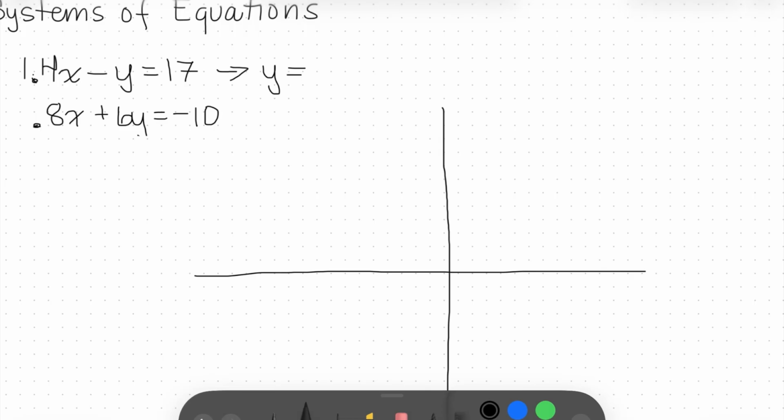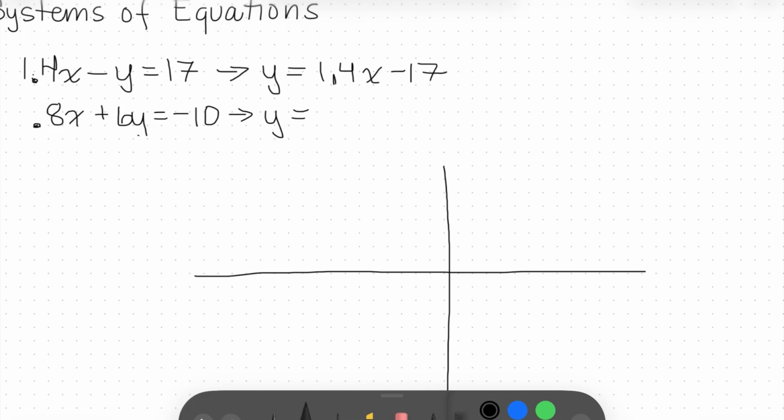So I would have y equals 1.4x minus 17. We've seen that before, right? And then this other one would be y equals, all right, so I'll be doing a couple of steps here.